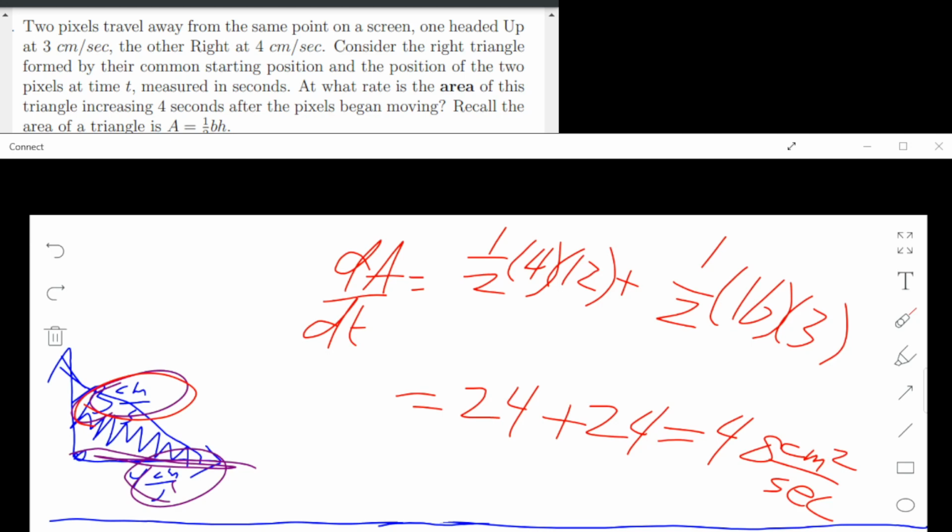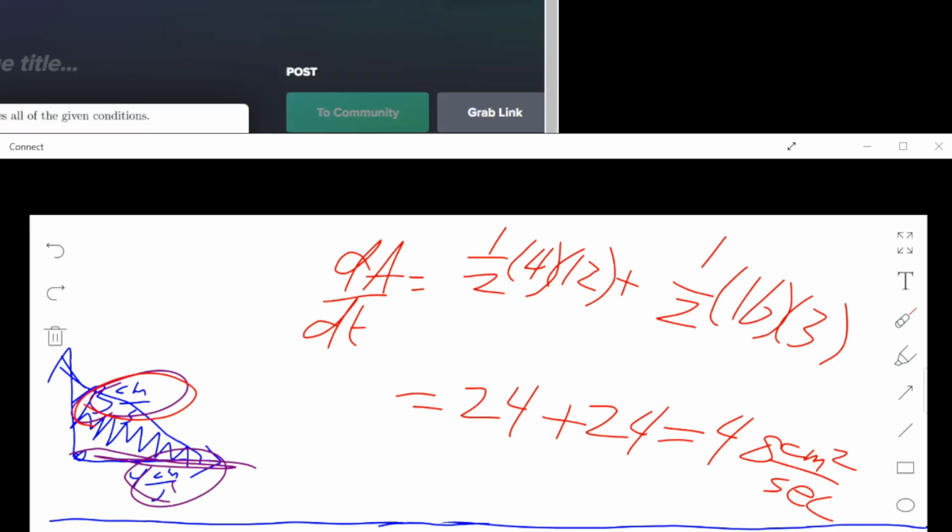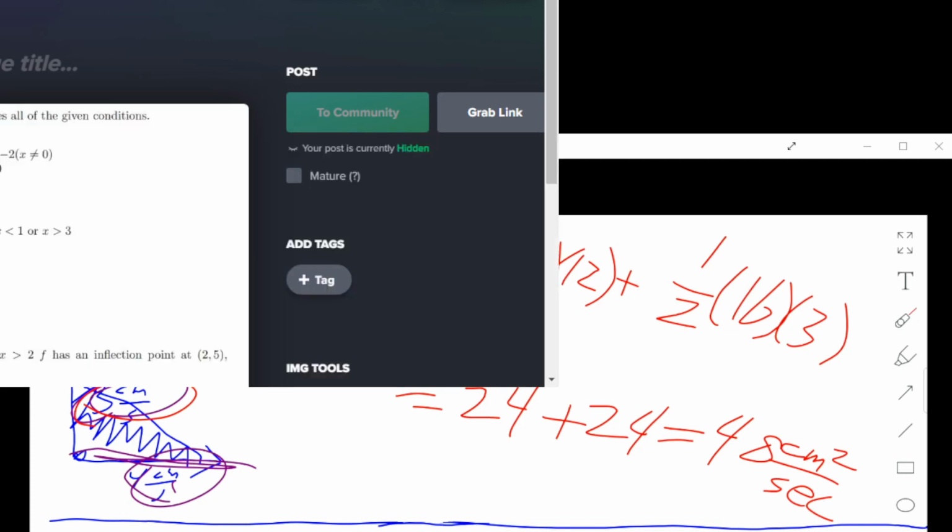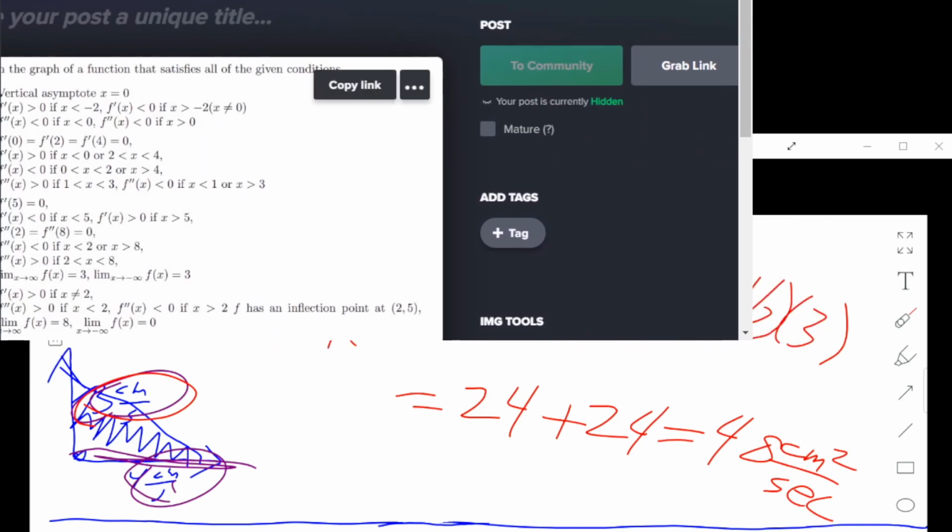I want to take a little bit of time to look at these problems, where we're trying to graph certain curves that have prescribed properties.